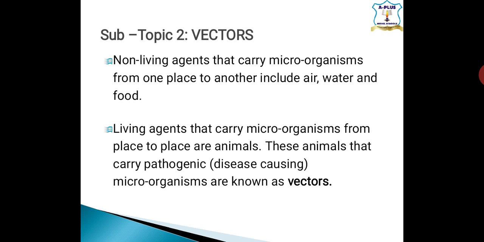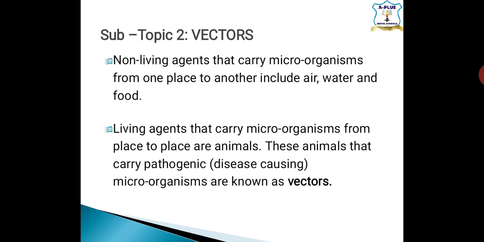Non-living agents that carry microorganisms from one place to another include air, water, and food. Can you see? A vector can be defined as a living or non-living agent that carries microorganisms from one place to another. It includes air, water, food, and under the living agents that carry microorganisms from one place to another, we have the animals.